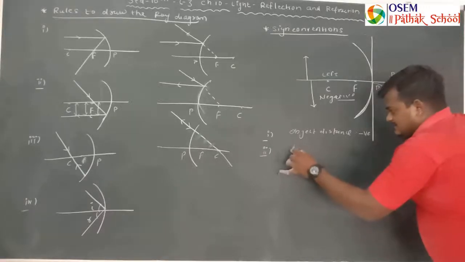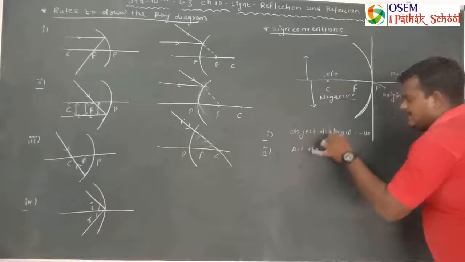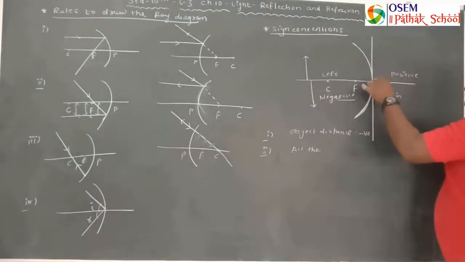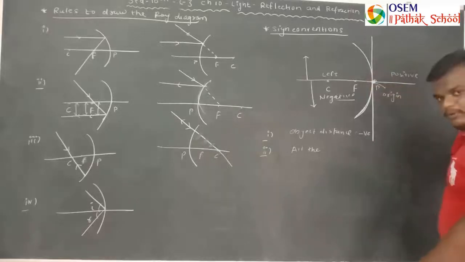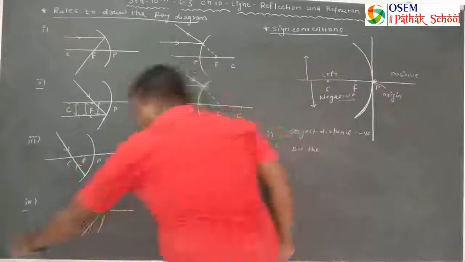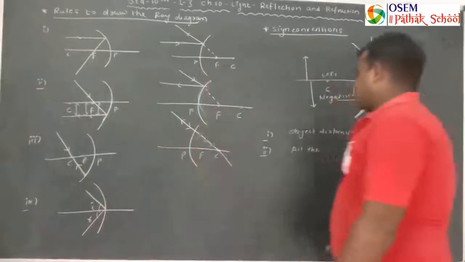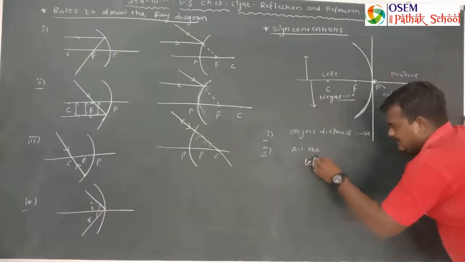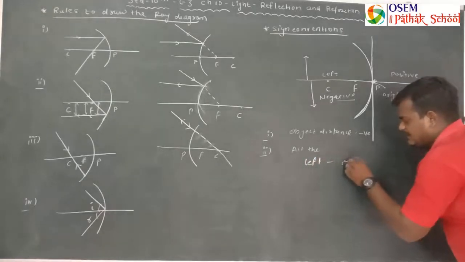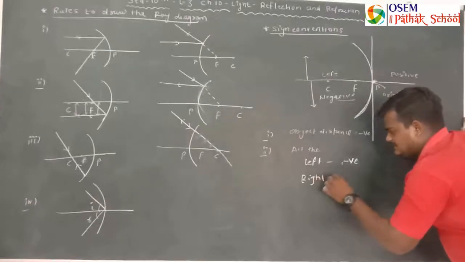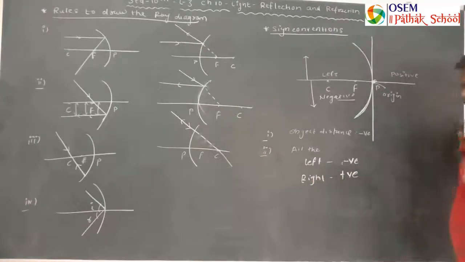So the second rule is given in your textbook, which I am already explaining. All the dimensions are measured from the pole. The dimensions which are on the left hand side are taken as negative, and dimensions which are on the right hand side are taken as positive.